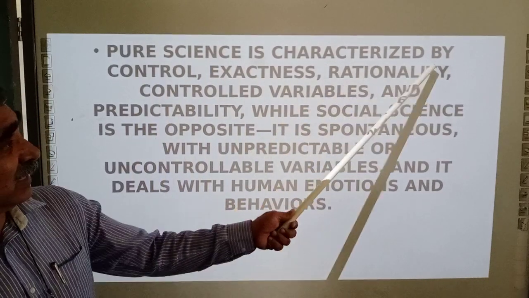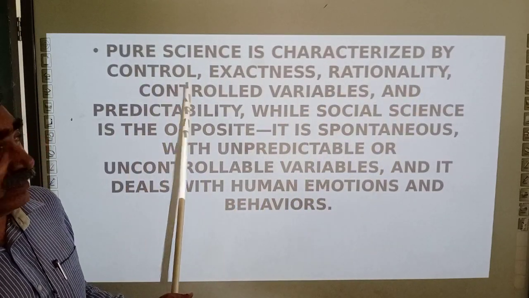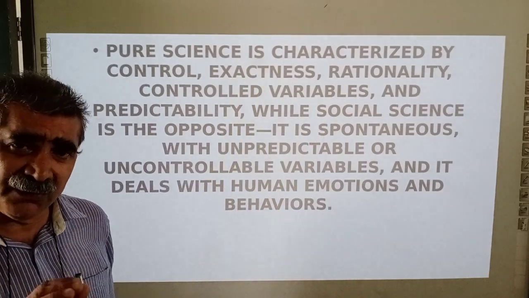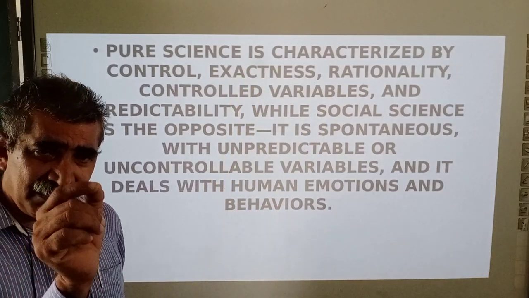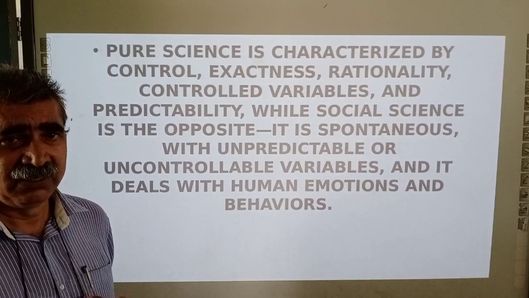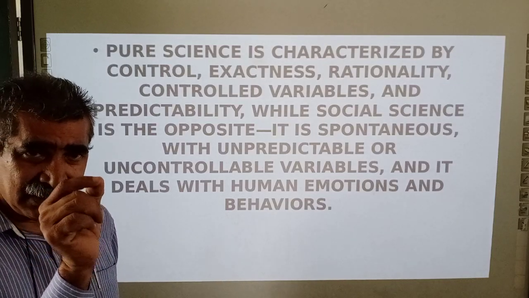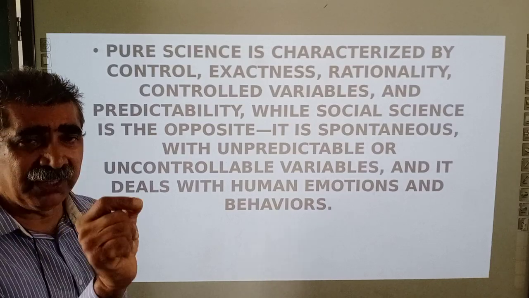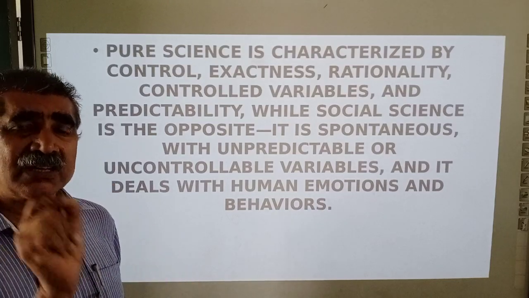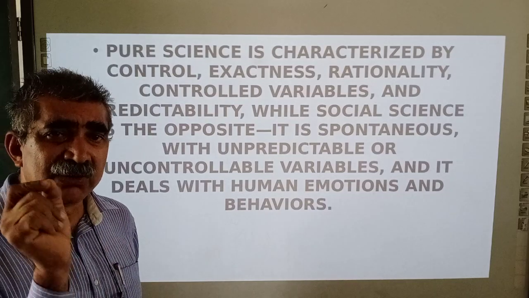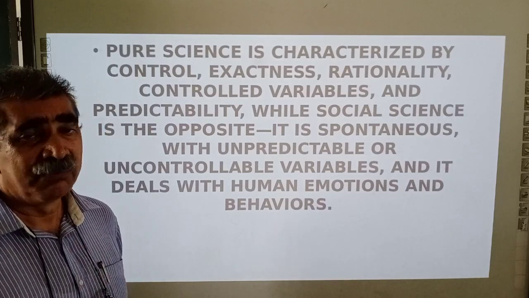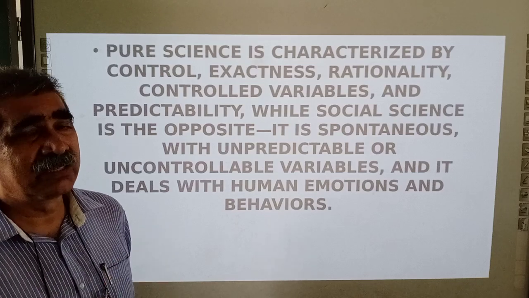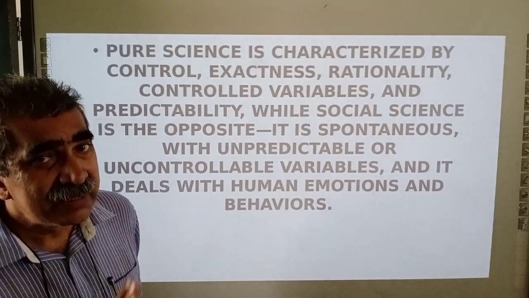See, pure science is characterized by control and exactness, which means the result will be the same, there will be no difference. If the environmental situations, the locations, the climate conditions are the same every day, the result of the experiment will be the same. But human beings' dealings as a result of interaction will not be the same.